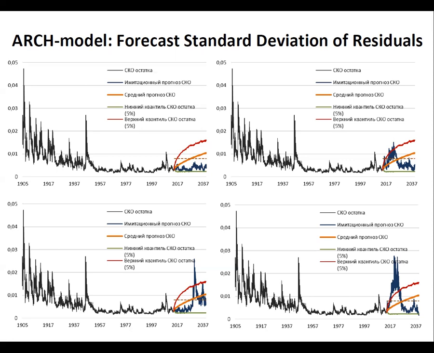That is, the formal model predictions here blindly argue that this volatility should rise to about the average level of the previous range. The further the forecast is built, the more likely it is that this volatility will return to some high values.